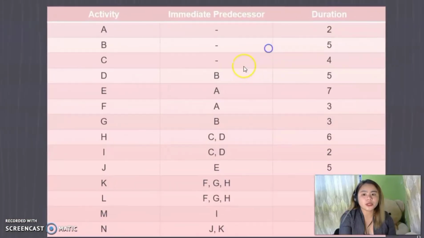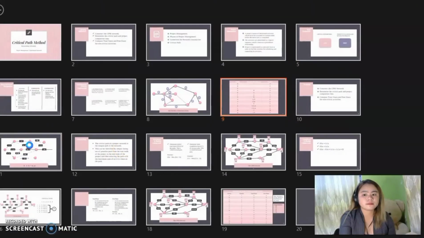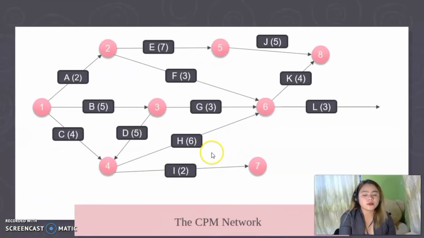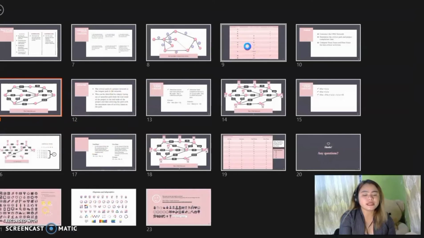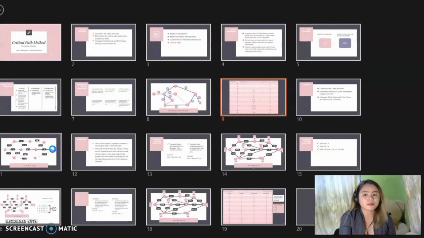And our M starts where I ends. I ends here, so it starts here, M. And our last activity, activity N, starts where J and K end.